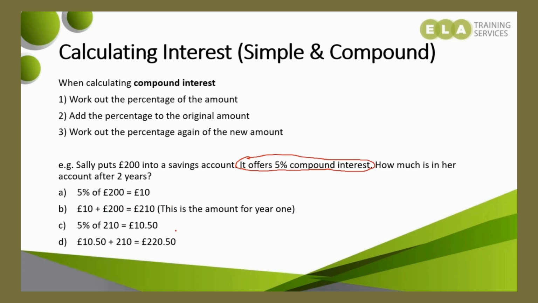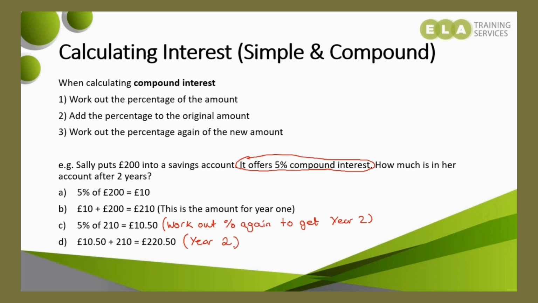We then work out the percentage again for year 2. So we do 5% of now 210, because that was the amount for year 1, which is £10.50, and we add that on, which leaves her with £220.50 in year 2.